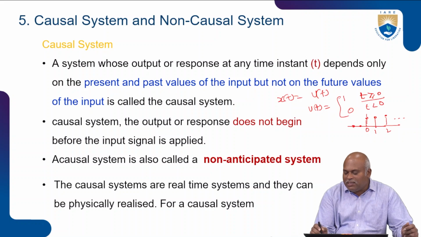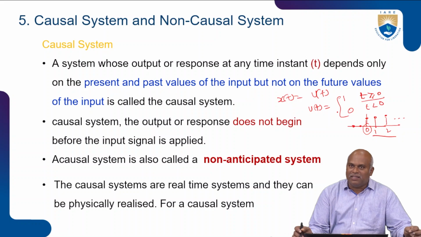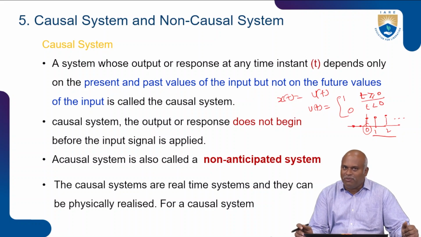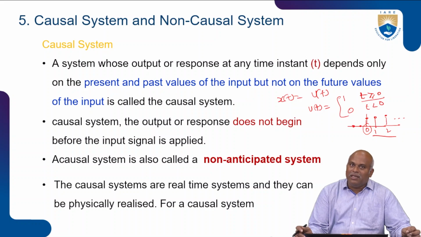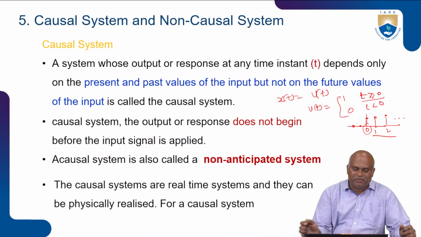This 0 is called the present value, and 1, 2, 3 are all past values. This kind of signal we call a causal signal. If the output depends on the present and past values of input, then the system is called a causal system. Otherwise, the system is a non-causal system.